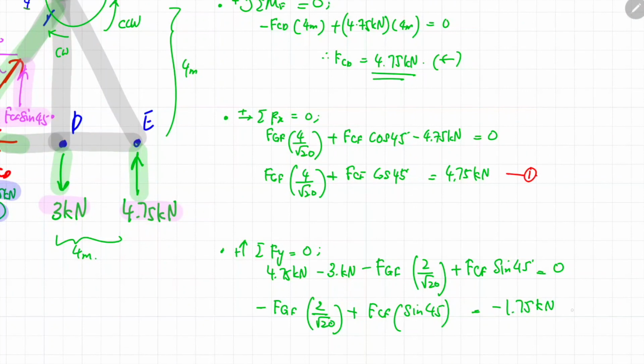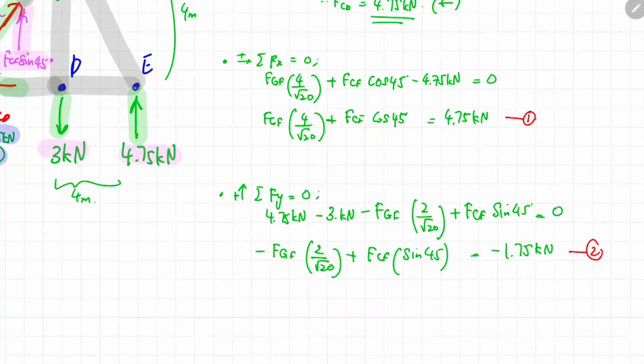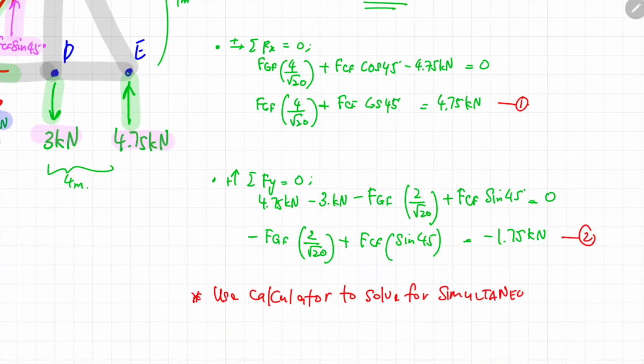Again, similarly, you can't solve it just yet because there are two unknowns, which are FGF and also FCF. So we are going to call this equation 2. If you look carefully, equation 1 and equation 2 are simultaneous equations, so you can easily solve them using the calculator.